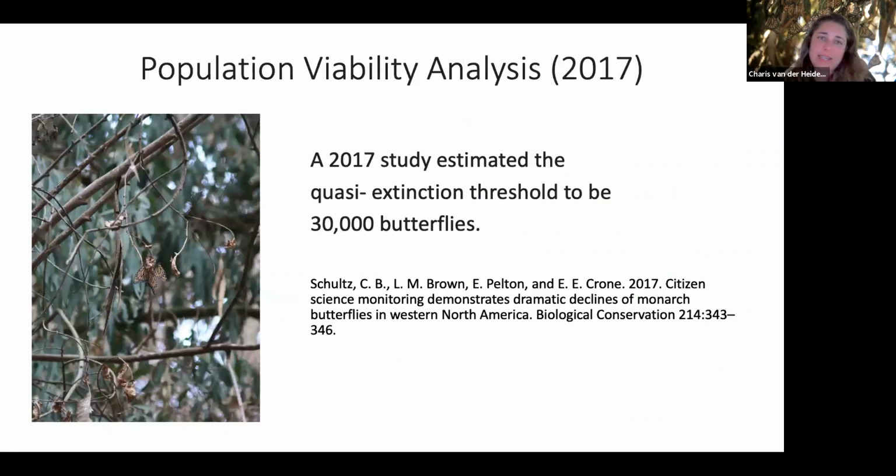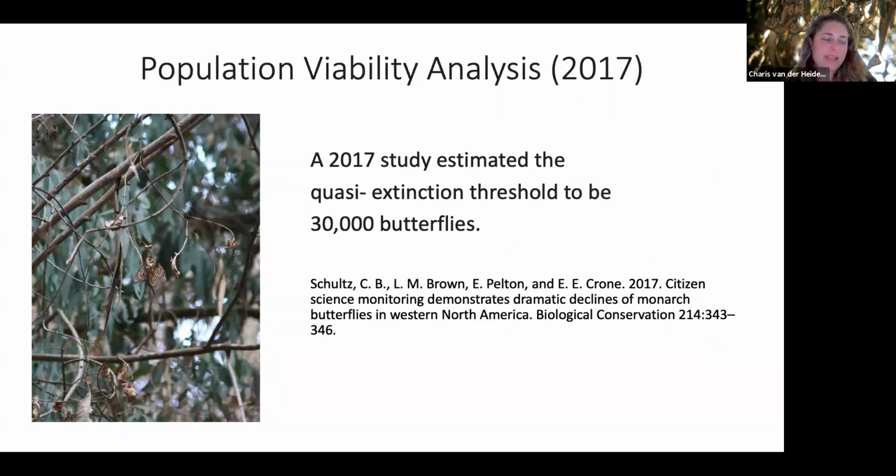So to set the scene a little bit for what happened, Cheryl Schultz at Washington State University and her colleagues published a paper in 2017 on their population viability analysis of the Western monarchs. And they estimated the quasi-extinction threshold to be about 30,000 butterflies.